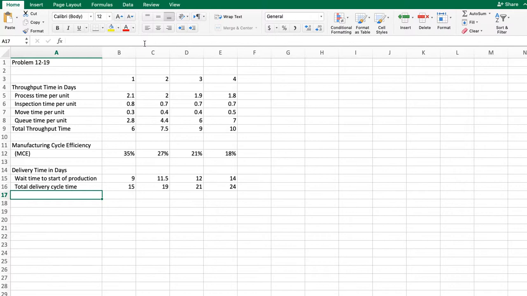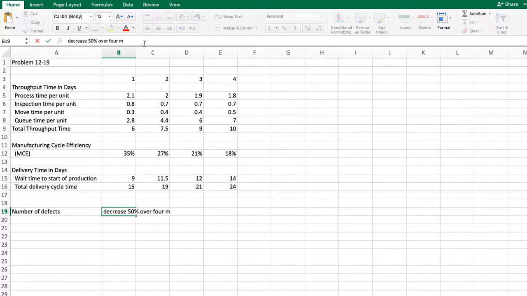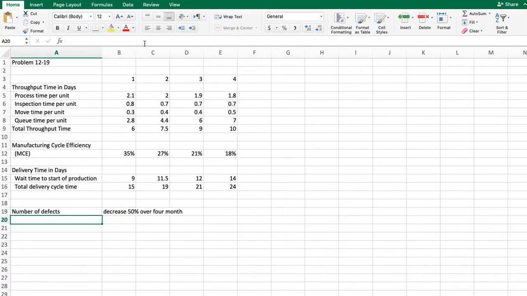And it asks us to identify areas where the company seems to be improving and identify areas where the company seems to be deteriorating. So I'm going to look back at my problem, and the first thing I see is my number of defects. My number of defects has gone from 185 to 91, so I had a decrease of 50% over 4 months. That's good.